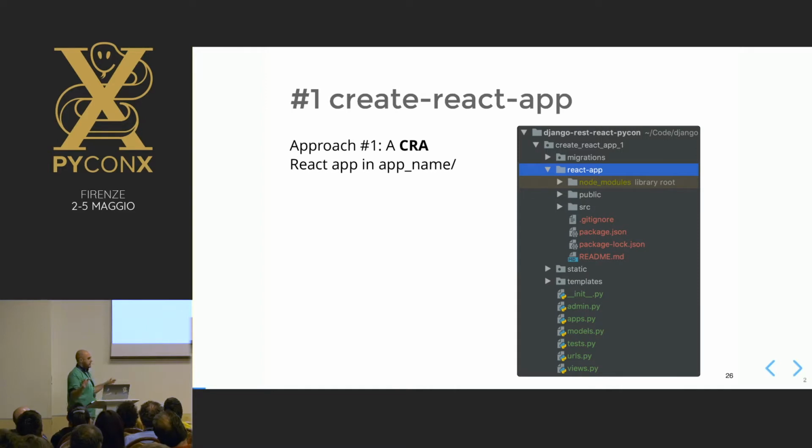The first one might look really trivial and simple: create React app inside a Django application. Of course, I just left there init, admin, and all the stuff from the Django application, but you can just remove them. So you have this React app inside a Django application.